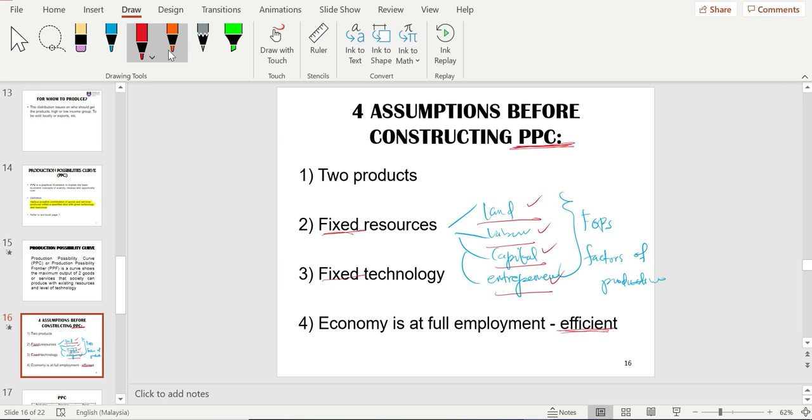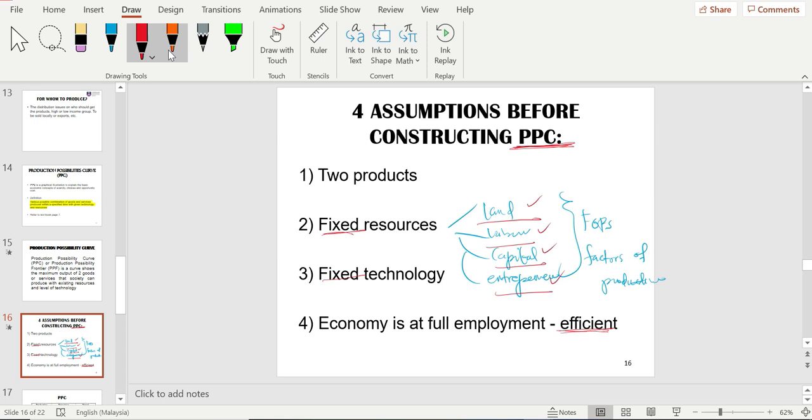Maksudnya dia mencuba sedaya upaya utilize all the factors of production to fulfill the unlimited wants of the people inside the country. So ada permintaan barangan, selagi ada input ataupun resource untuk menghasilkan barangan tersebut, the country keep using it. Maksudnya itulah yang kita maksudkan sebagai efficient.